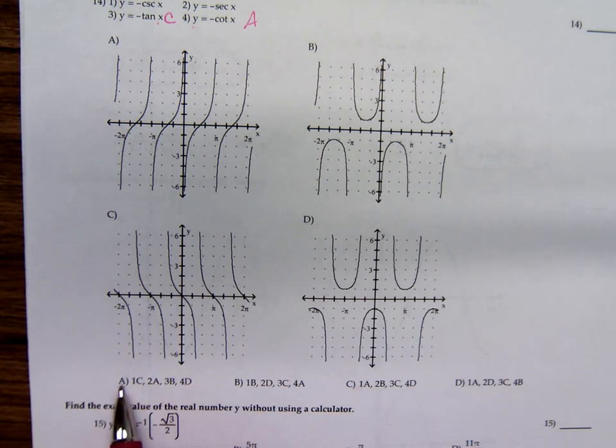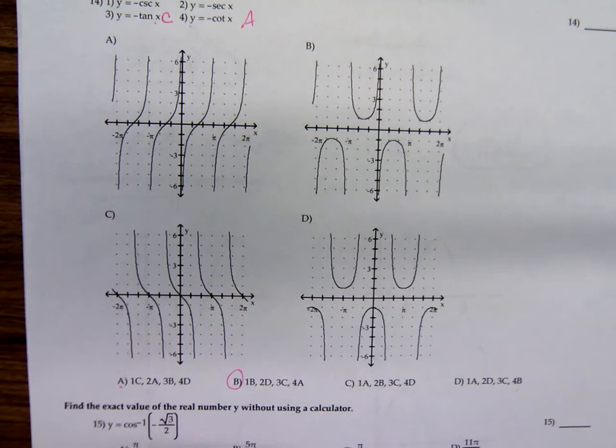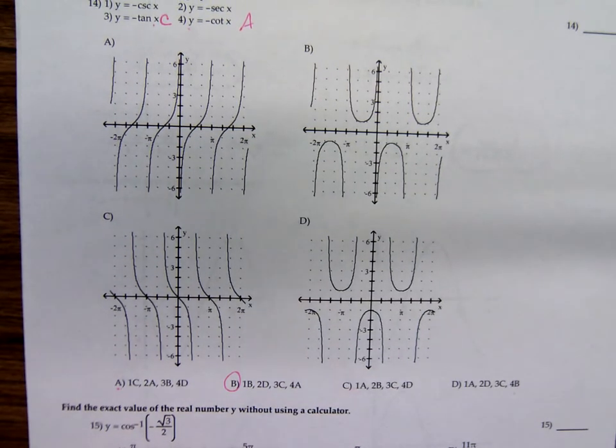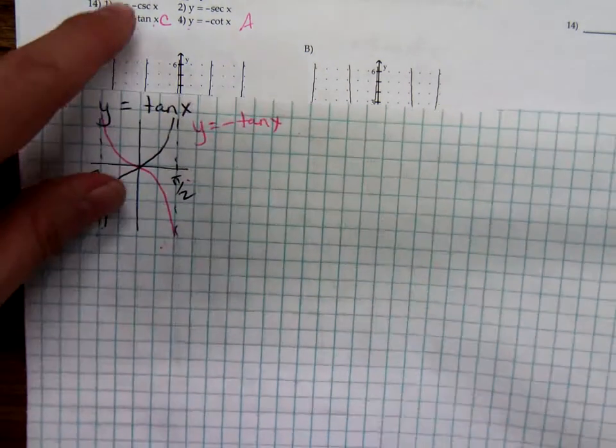This answer A says 3 is B, 4 is D. It's not that one. Right here, this answer B has 3 is C and 4 is A. So we could already decide that's the answer. But maybe I should draw one of the cosecant or secant ones just to do an example.